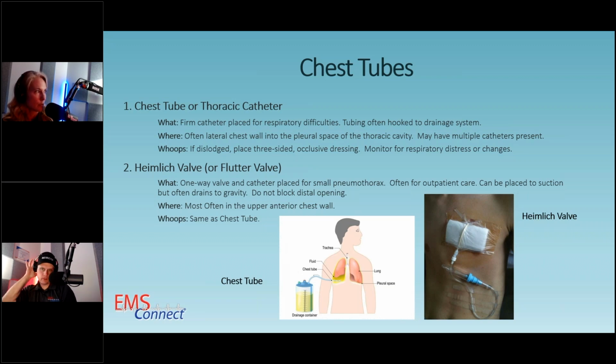If we start off with a slide here, we've got your chest tube or thoracic catheter. Sometimes you'll go into a facility and they're really fancy and they'll say he has a thoracic catheter. It's a catheter that has holes in one end of the tube, and it sticks out of the side of the chest, usually on the lateral side, and it's hooked to a chest drainage unit.